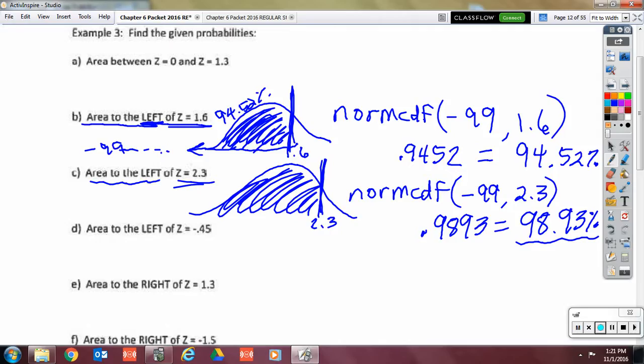Okay. You want to try one more? The next one, area to the left of this z-score, negative 0.45.